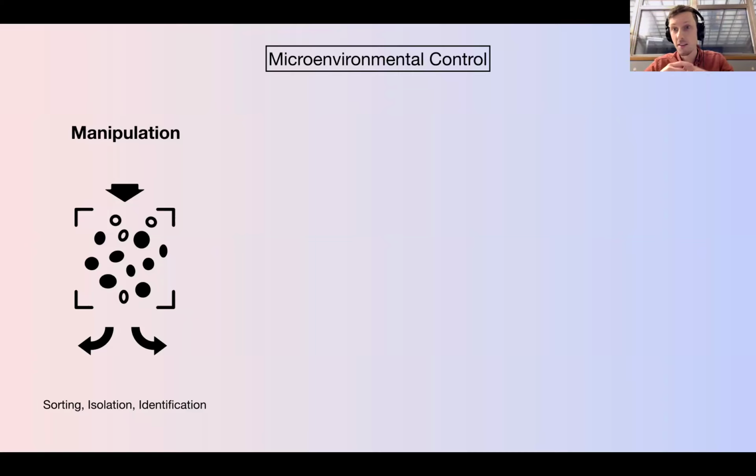Imagine you have a heterogeneous sample of different particle sizes, so different sizes of cells, or cells with different shapes, and you want to separate them. This is the most traditional task you want to do in microfluidics: you have a heterogeneous sample, and you want to select the ones you want and deselect others. But you can do other types of tasks, such as isolation. You want to identify, and later maybe even do imaging and sensing of different specimens.